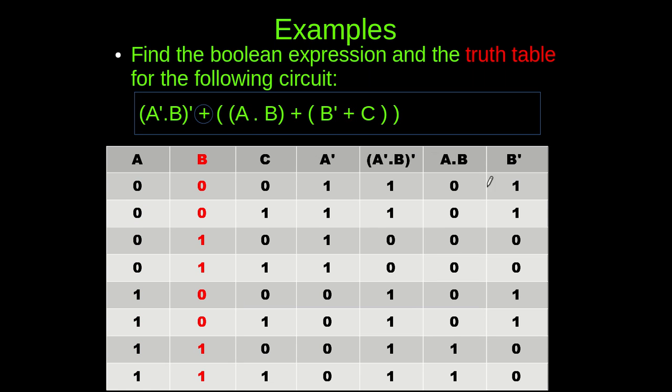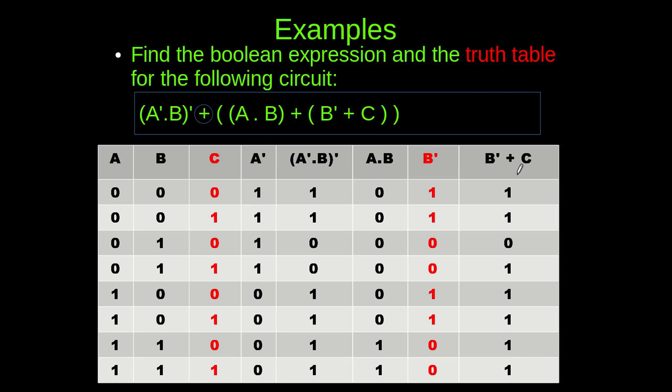Do I have the B not? No. So I'll find the B not, which is the inverse of this, and I OR it with the C. This C ORed with the B not. 0 or 1 is going to give me a 1. Remember, it's addition. 1 or 1 is going to give me a 1. 0 or 0 is going to give me a 0.